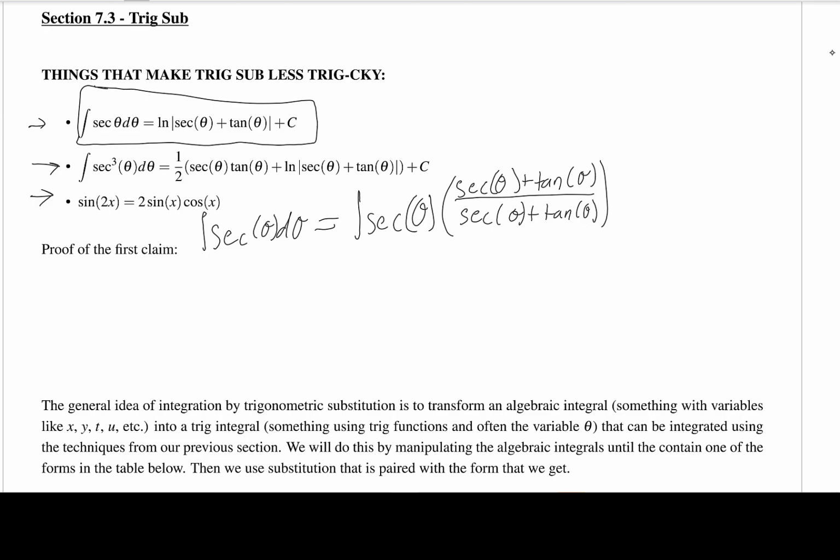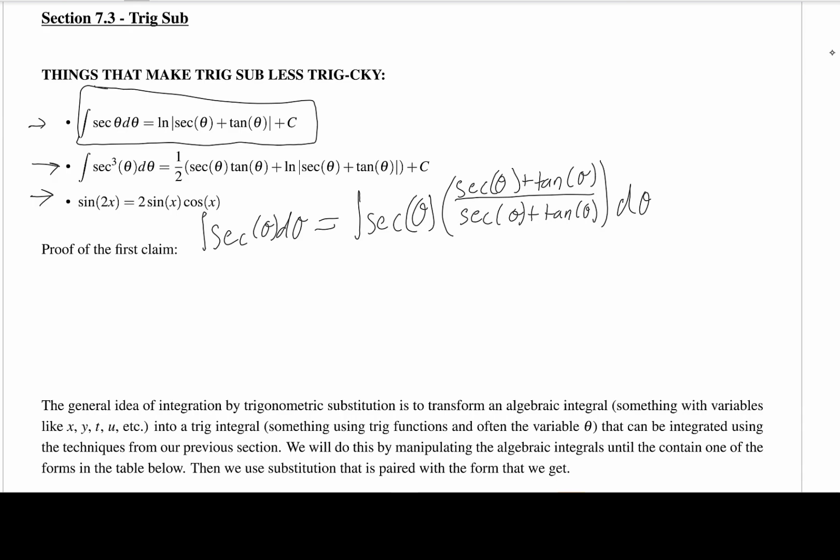And we don't have to worry about it being undefined or anything like that, because we assume that whatever domain we're working over here, secant of theta is going to be defined and continuous on that domain. So what I'm doing is multiplying by secant theta plus tan theta over secant theta plus tan theta.